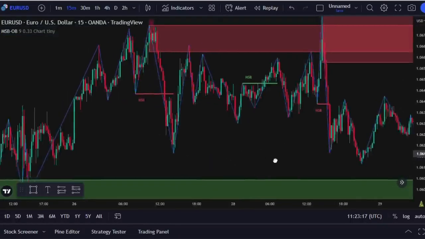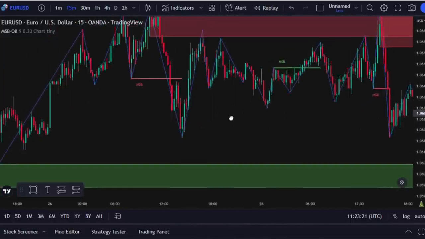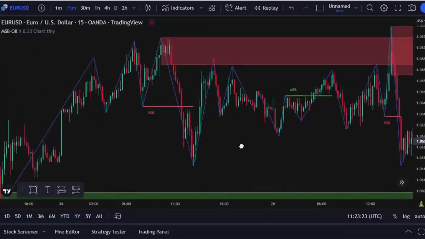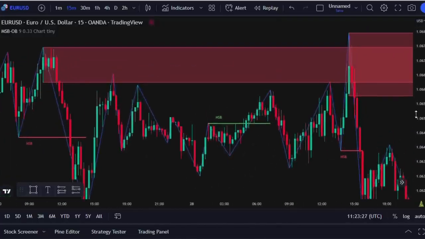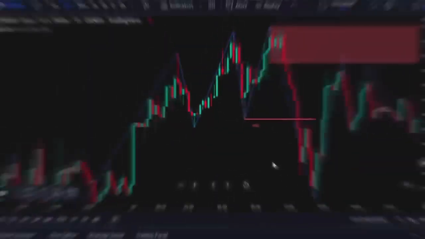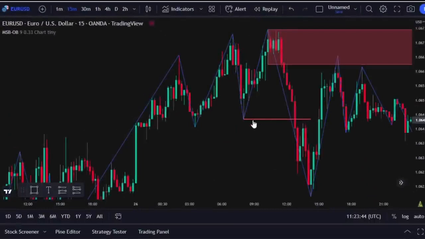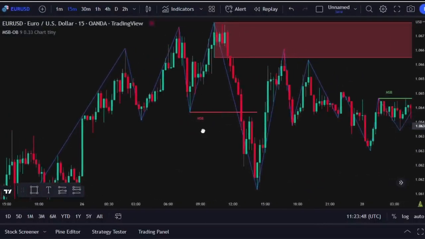This indicator basically shows the market structure break or MSB and order blocks. The bullish breakout occurs when the price breaks the most recent higher high. This is when the indicator shows a green MSB, which stands for market structure break. On the other hand, when the price breaks the most recent lower low, we have a bearish red market structure break.